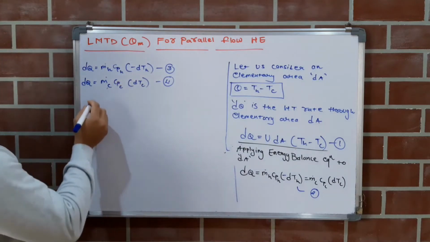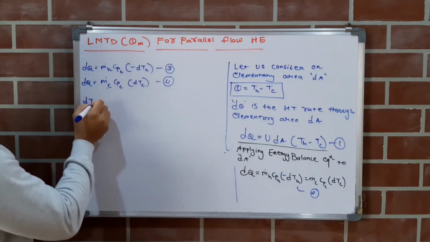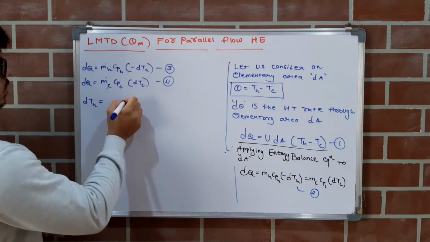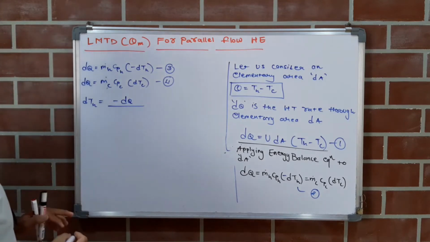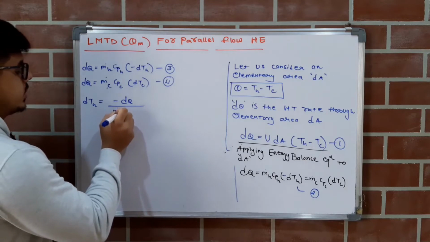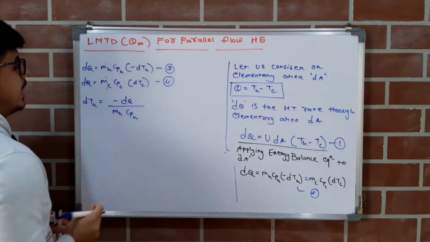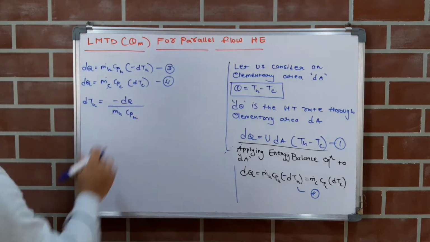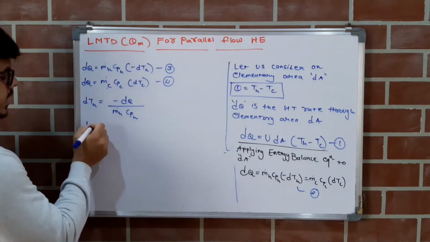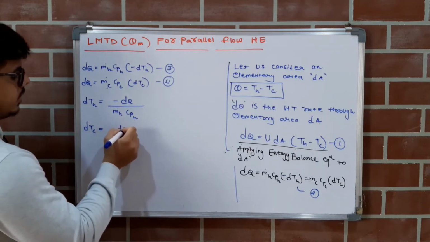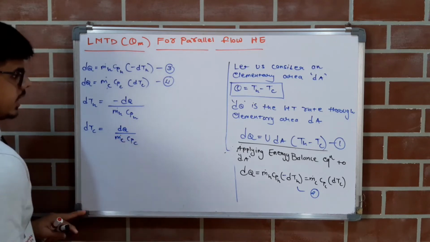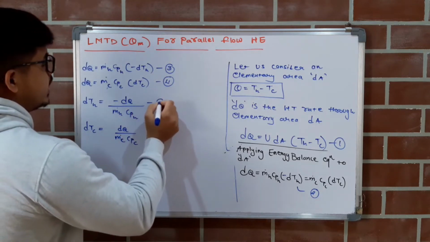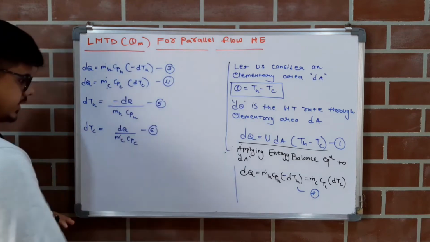From equation number 3, I will find the value of dTh. So dTh is equal to minus dQ upon m dot h into Cph. Similarly, from equation 4, I will get the value of dTc. So dTc is equal to dQ upon m dot c into Cpc. This is equation number 5 and equation number 6.